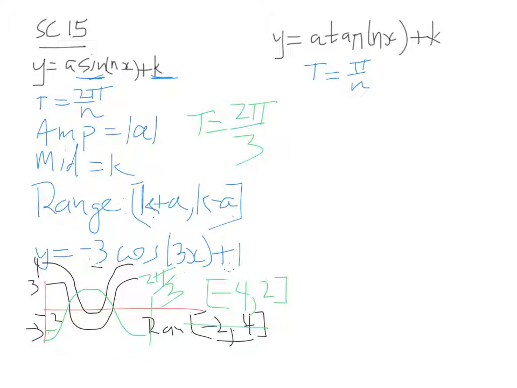Tan graph, a little bit different in that that's what we've got there. That's our value there. And a is not the amplitude. We don't have an amplitude to a tan graph because our tan graphs do this.